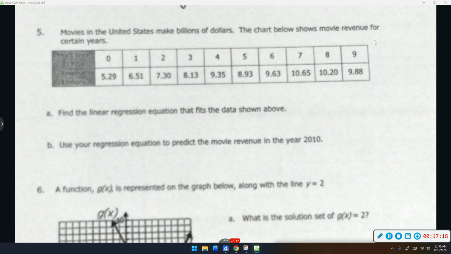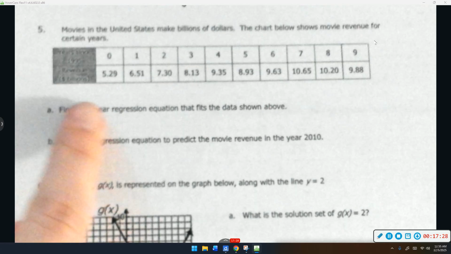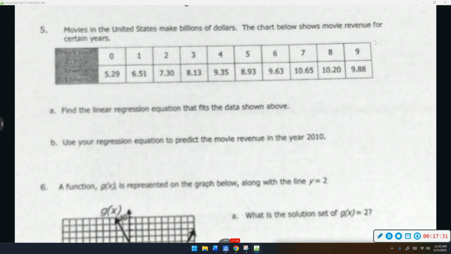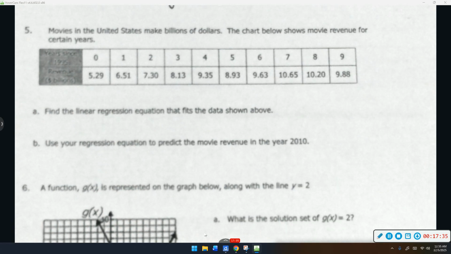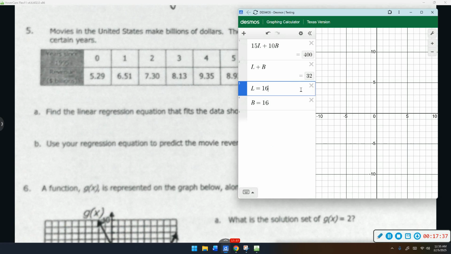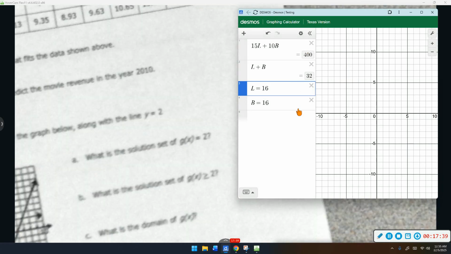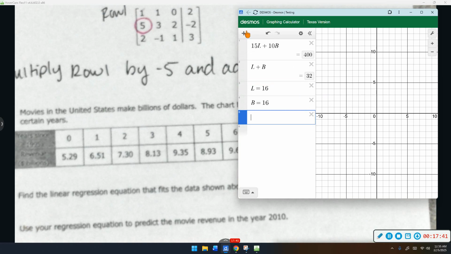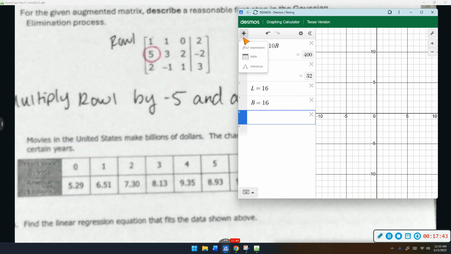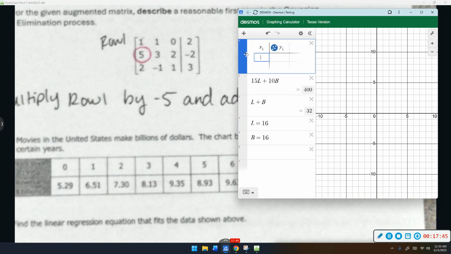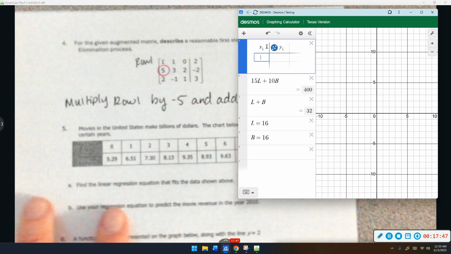All right, now we're going to go to regression. So movies in the United States make billions of dollars. The chart below shows movie revenue for certain years. Find the linear regression. This is now so easy because Desmos basically does everything for you, right? So here's how we do this. All right, I'm going to create a table. Remember how to create a table? You do plus sign table. Let me zoom out a little bit.